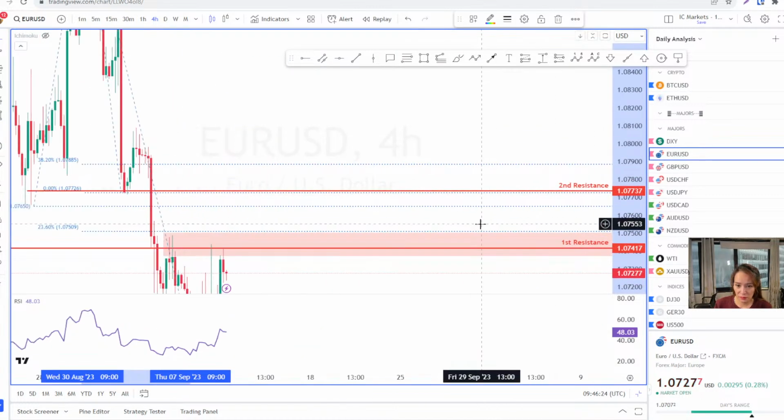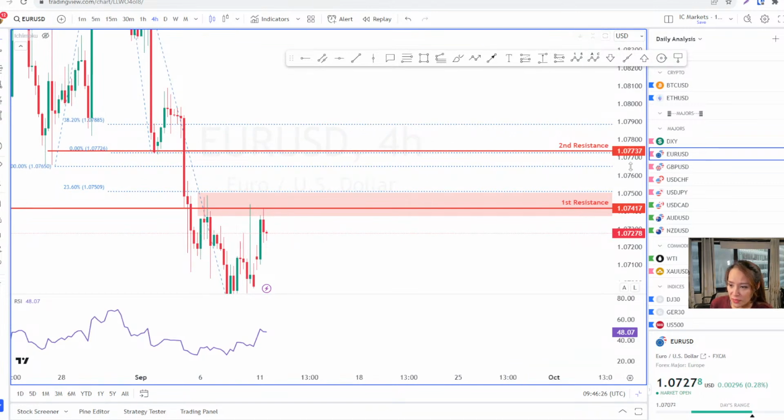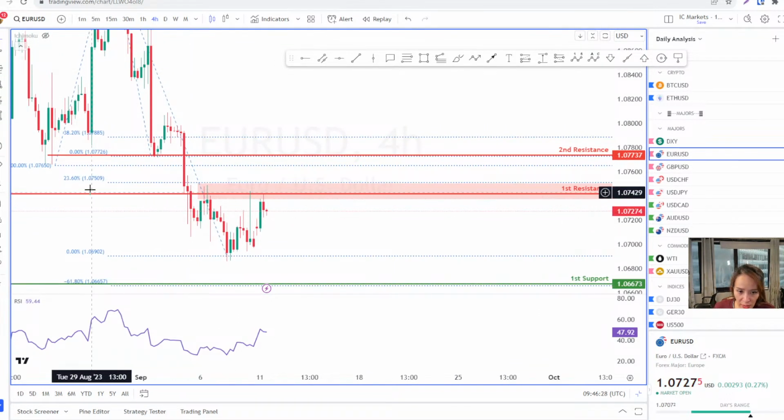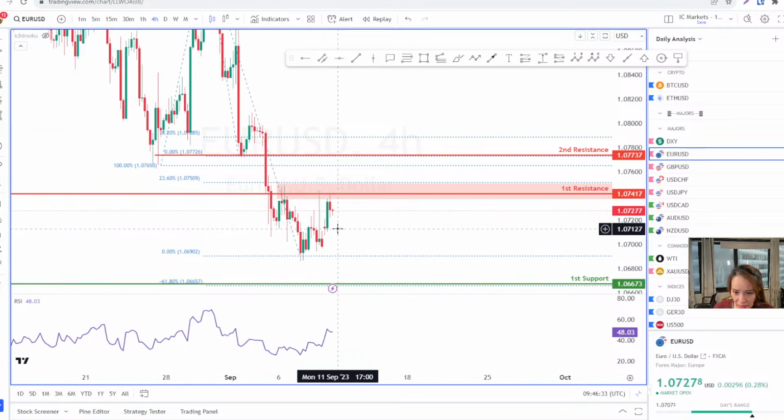Yeah, so I zoom in for you. So basically in the first resistance, we do have 23.6%, which is this week. That's why I highlight the zone, something like that.